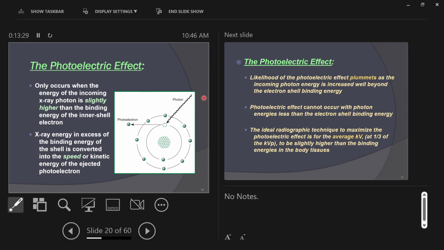Let's give it just a quick example. Let's make up some toy model example. Let's say this photon had an energy of 60 keV, okay? Because it has to be close, let's say the binding energy for that electron was 57 keV.